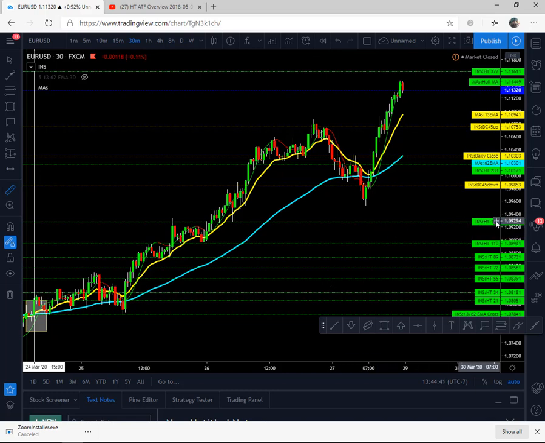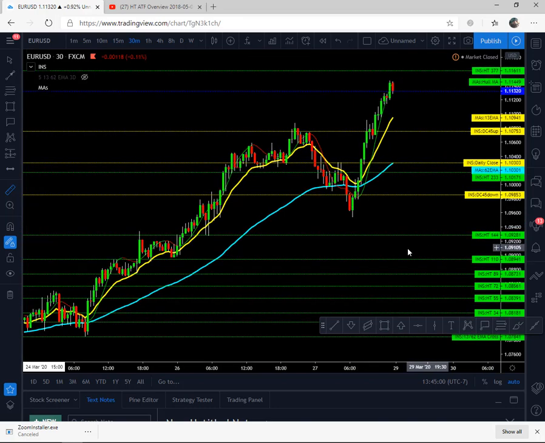So the 144 is key because that represents the 100% fib retracement on that fib retracement tool. So essentially it's 144 pips.